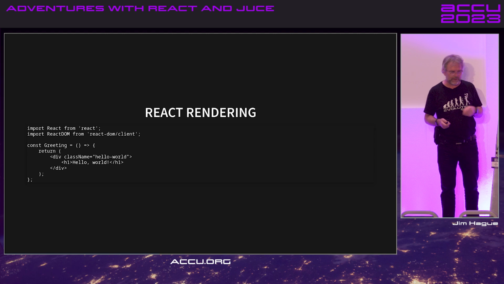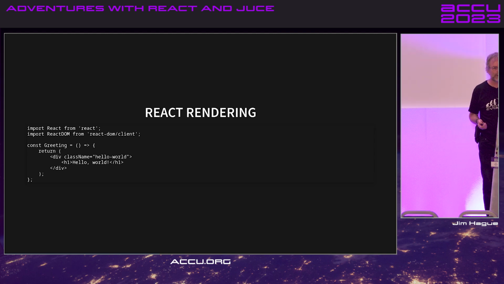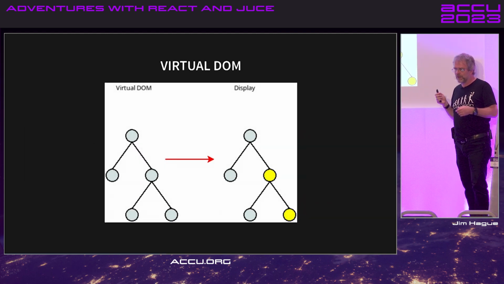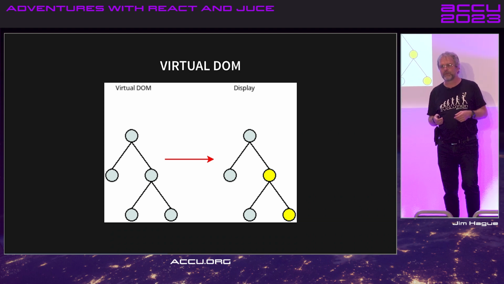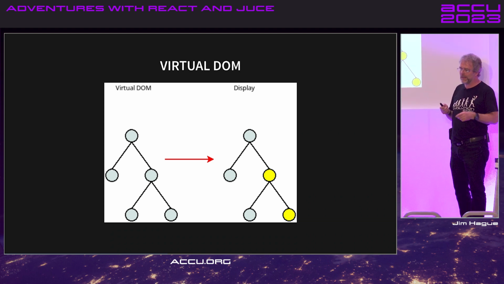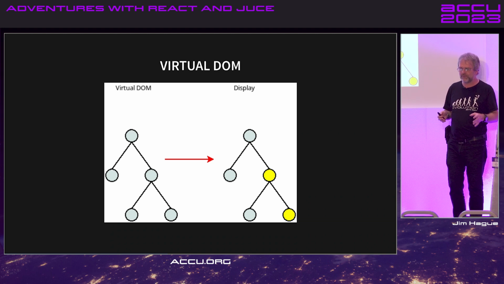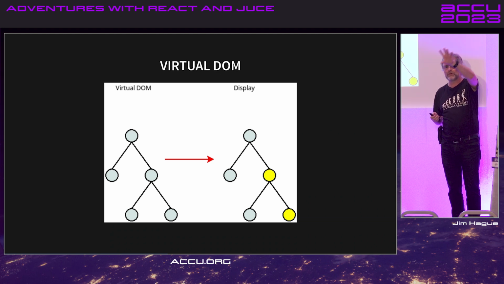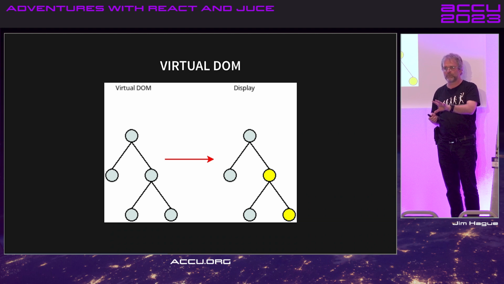This is just not a terribly good idea. So what React actually does is it deals with a virtual representation of your component hierarchy. So components, as we've seen, they have state and they have properties.